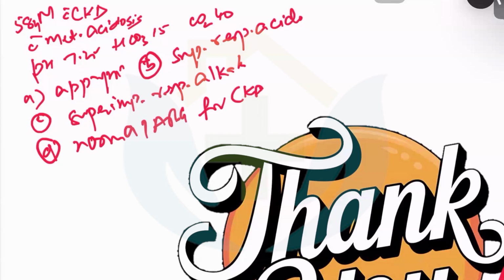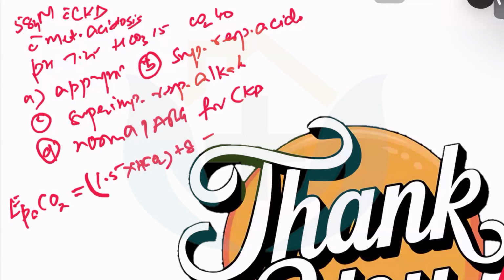So let's go into the Winter's formula. Expected PaCO2 is equal to 1.5 into bicarbonate plus 8, plus or minus 2. What is the bicarbonate here? 1.5 into 15 plus 8, so 22.5 plus 8 is 30.5, plus or minus 2.